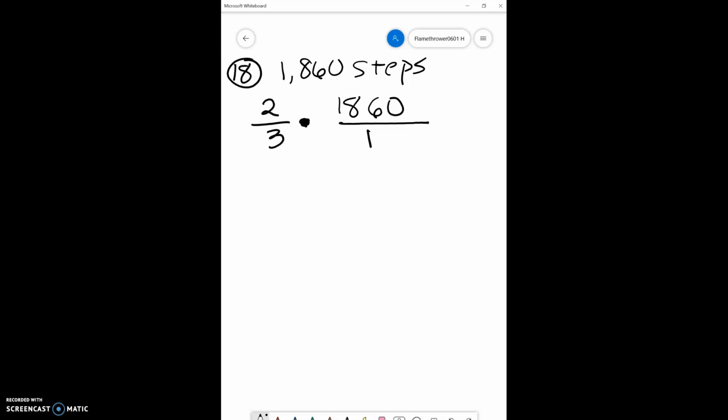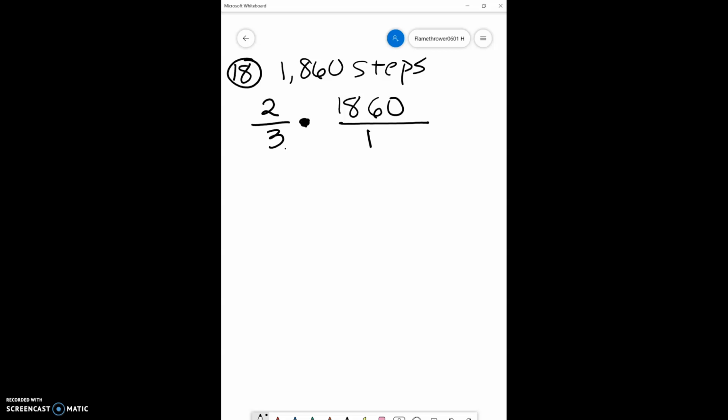A quick way to multiply this is to know that both of these numbers, 3 will divide into. How do I know that 3 will divide into it? You can think about your divisibility rules here. I know that it divides in just because I have a math mind.